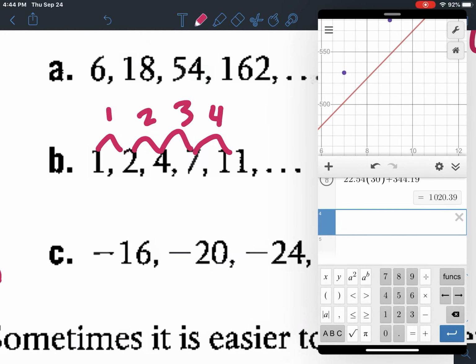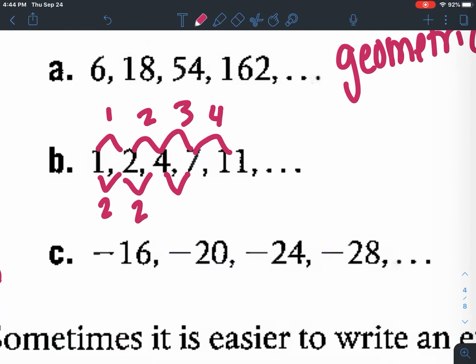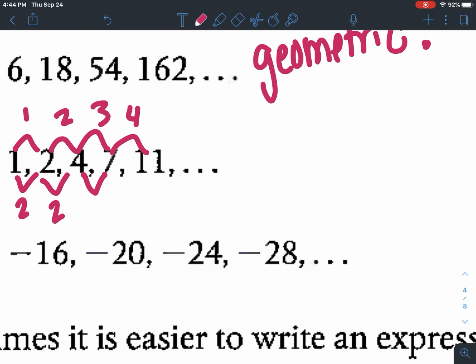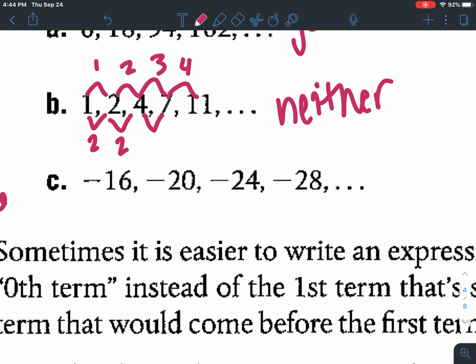For the laugh of it, let's see what we're multiplying by. 2 divided by 1 is 2, so we multiplied by 2. 2 times 2 is 4. Okay, so we multiply by 2. But 4 times 2 would be 8, not 7. So this one is neither. We can't multiply by the same number. We can't add by the same number. So neither.